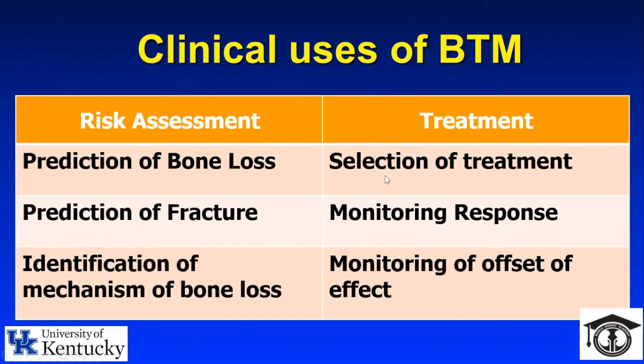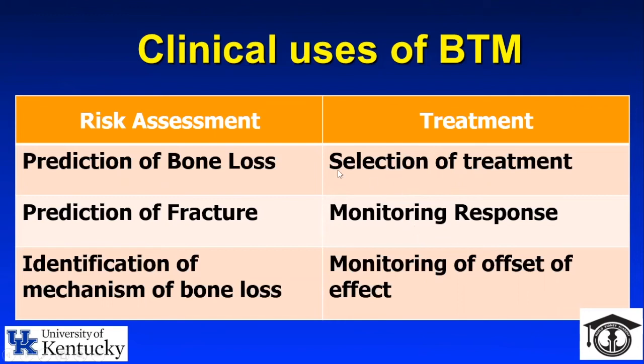We call it anti-resorptive therapies, like bisphosphonates and denosumab and SERM, the selective estrogen receptor modulator. Or if the patient has low turnover bone disease, so the problem is low bone formation, we need to stimulate bone formation by giving what we call osteoanabolic or bone stimulants, like PTH 1-34, teriparatide or abaloparatide, or the monoclonal antibody against sclerostin.